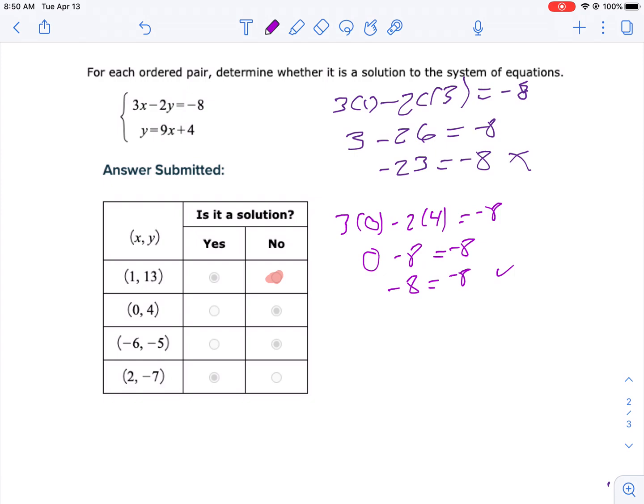So that one checks. Now, just because that one checks, let's check the second one. Y equals 9x plus 4. So does 4 equal 9 times 0 plus 4? Well, 4 equals 4, doesn't it? They're both true, so that one is a solution.